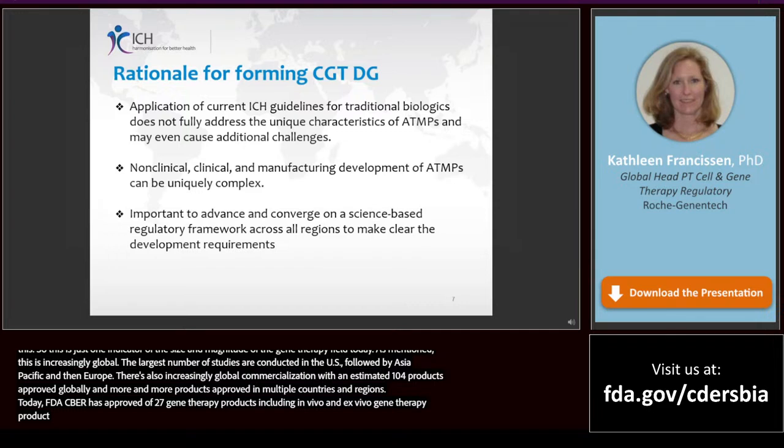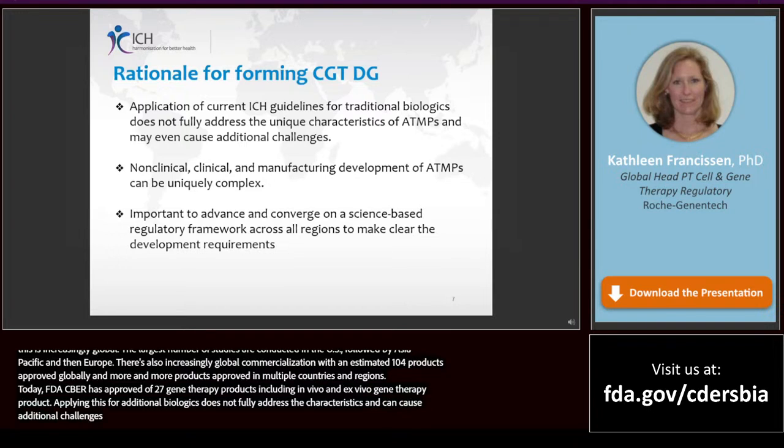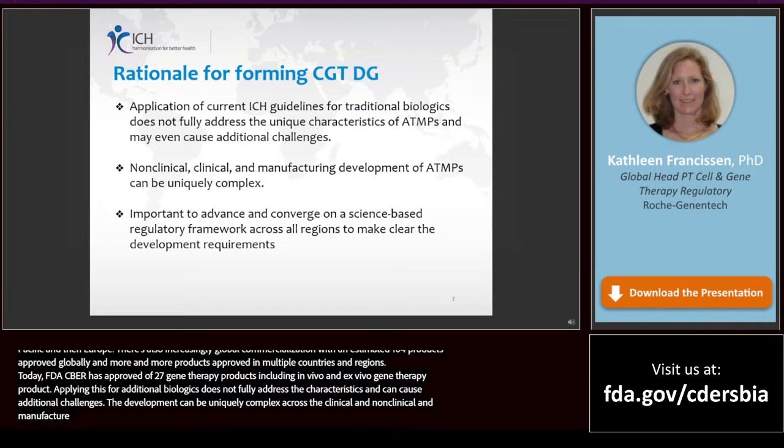Applying the current ICH guidelines for traditional biologics does not fully address the unique characteristics of ATMPs and can even cause some additional challenges. The development of ATMPs can be uniquely complex across the disciplines, including non-clinical and clinical, and manufacturing and quality development.